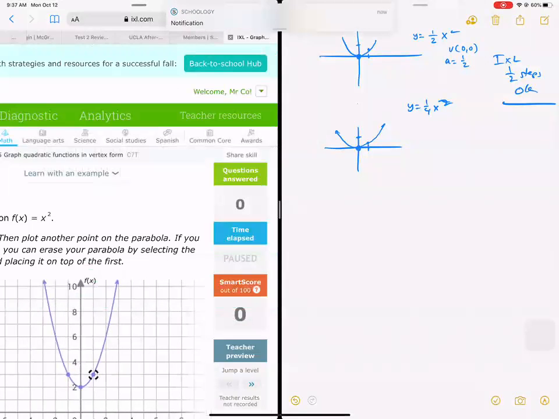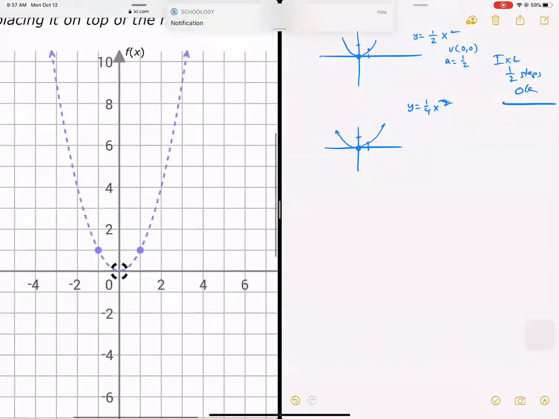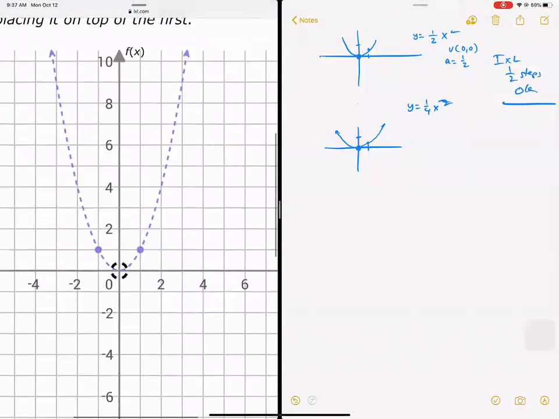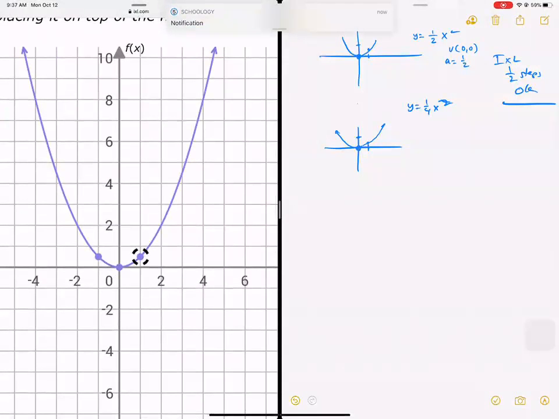If I try graphing this in IXL, 0, 0, and if you take a look here, I can only graph half points. So if I try graphing 1/4 x squared, it would actually give me the wrong answer.